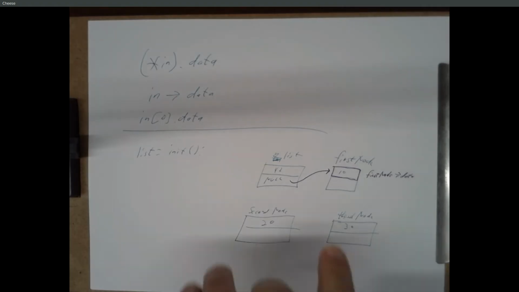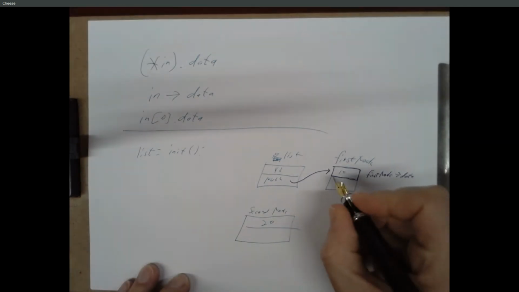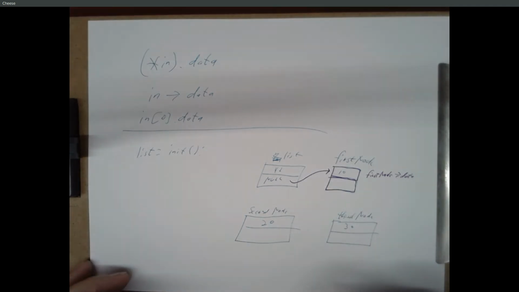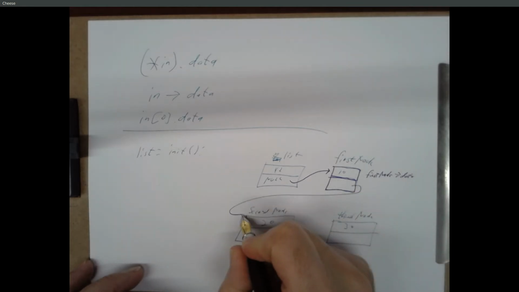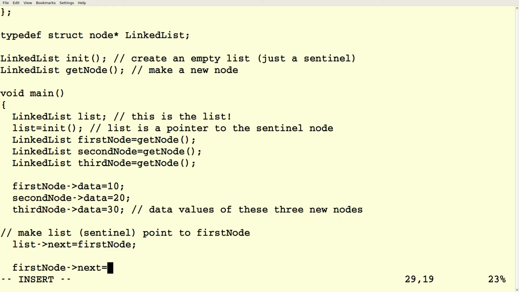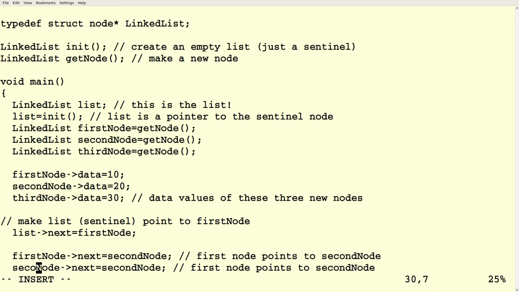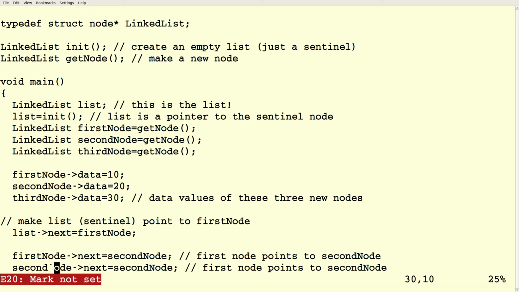First node arrow next, well first node is here, first node arrow next is this block down here, and what do we want that to be equal to? That's just equal to second node. And then second node next should be set to be third node.